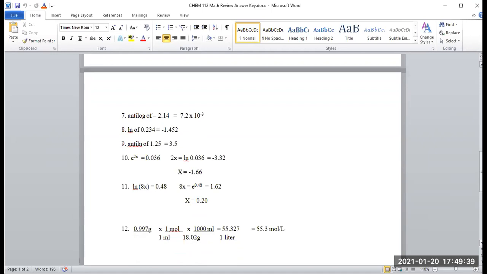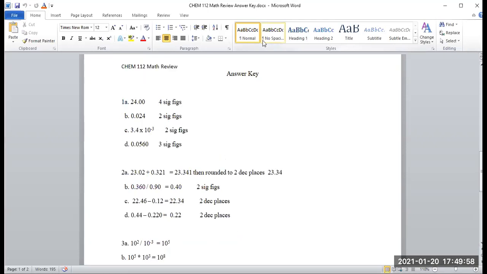And then how do you solve if there's an x in your exponent? Well, basically, you anti-log both sides. Think about general rules of math. If you want to undo something, general rules of math imply that you have to do the same thing to both sides of your equals.